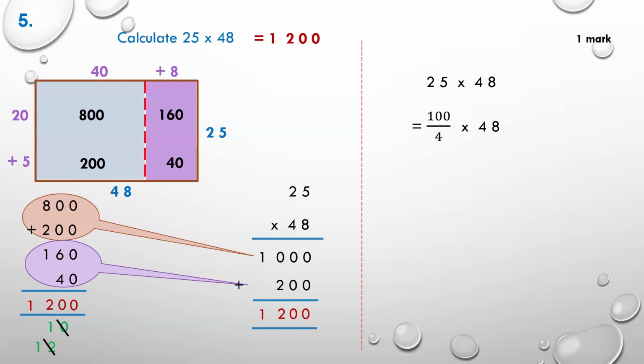Because 4 into 100 is 25 times the same 48. And now they say, well, 4 into 4 is 1. And what is 4 into 48? 4 into 4 is 1. 4 into 8 is 2. So it's 12. 4 into 48 is 12. And 12 hundreds are 1200.